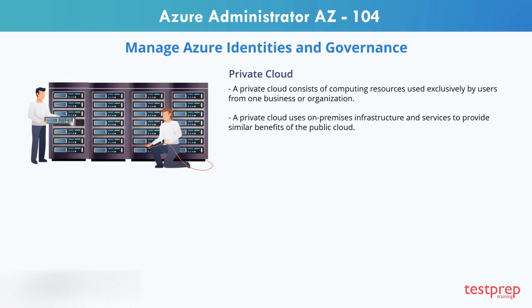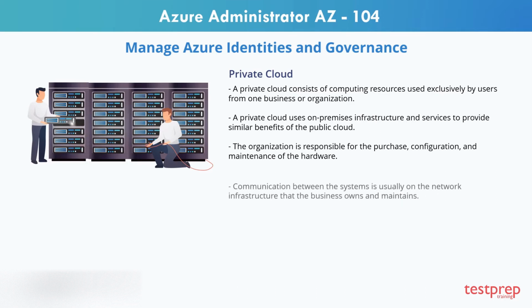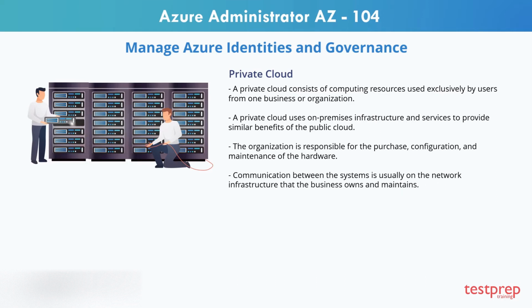It uses an abstraction platform to provide cloud-like services, such as Kubernetes clusters, or a complete cloud environment like Azure Stack. The organization is responsible for the purchase, configuration, and maintenance of the hardware. Communication between the systems is usually on the network infrastructure that the business owns and maintains. For example, a private internal network, or a dedicated fiber optic connection between buildings.